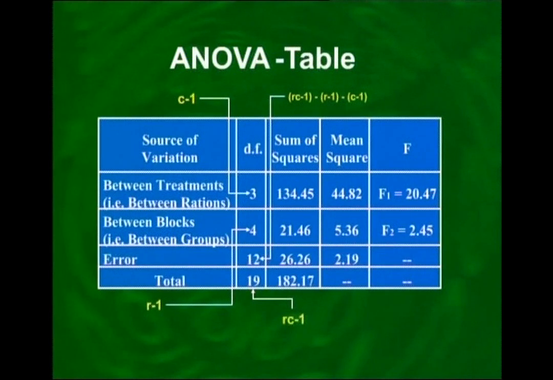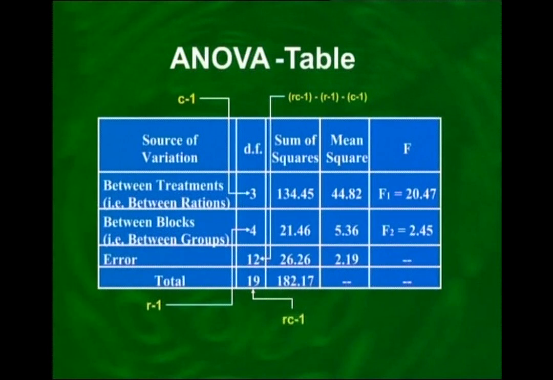The degrees of freedom for treatments is 4 minus 1, that is 3. Why? Because we have 4 treatments, 4 columns. So C minus 1, in other words, is the degrees of freedom for treatments. The degrees of freedom for blocks is 5 minus 1, that is R minus 1, and that is equal to 4.